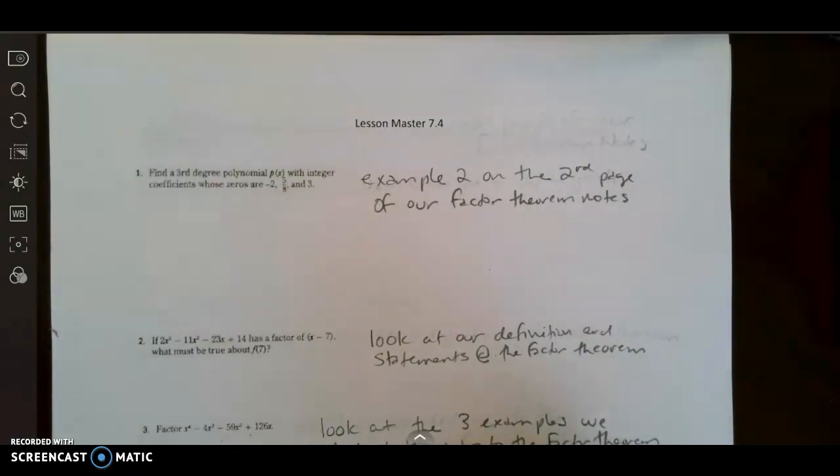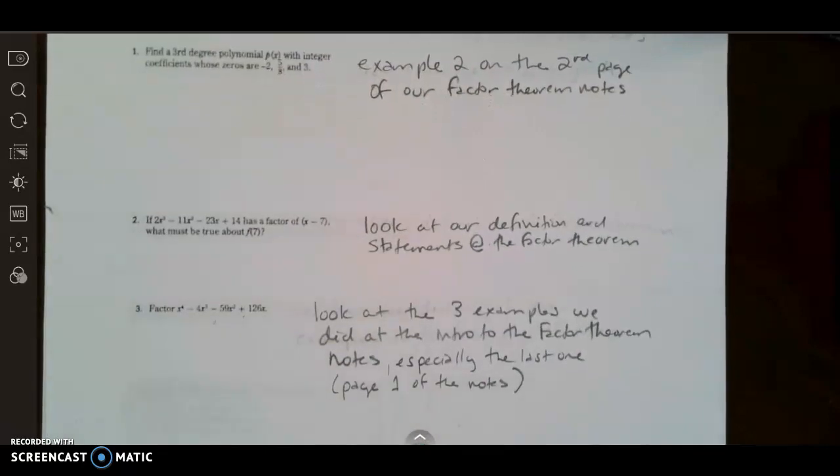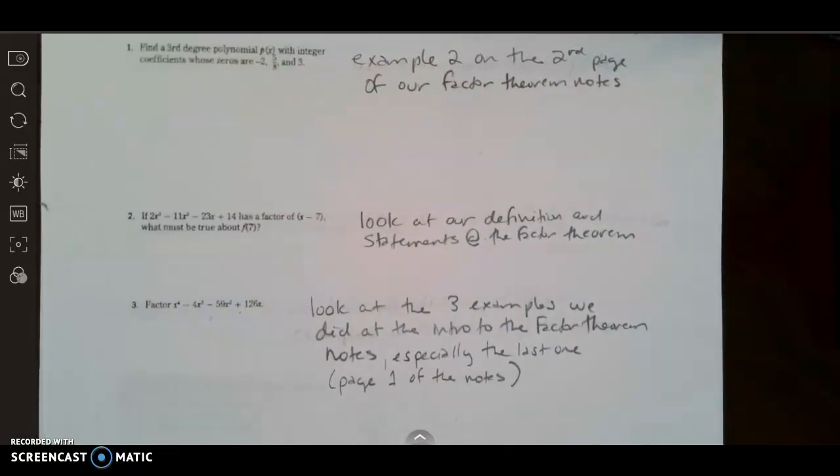Especially the last one. This was all on page 1 of the notes. We did 3 examples in a row, and we did them all the same way. And that's exactly how you need to do number 3. So follow what we did for that.